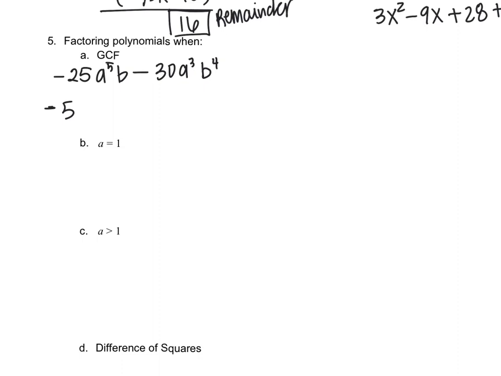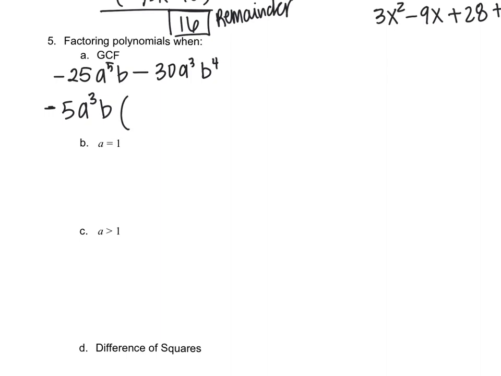And you can never factor out more variables than what the lowest exponent is. So if I look, a to the 5th and a cubed, I can't take out more than 3 a's because that's all the second term has. So a cubed. And then we have b and b to the 4th. So I can only take out one b because that's the smaller of the two.